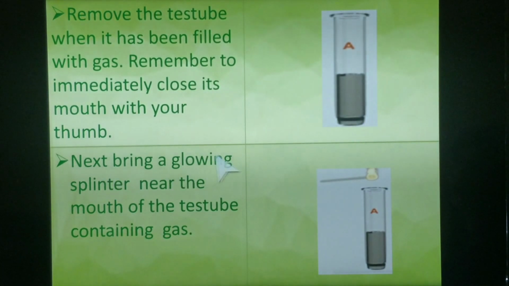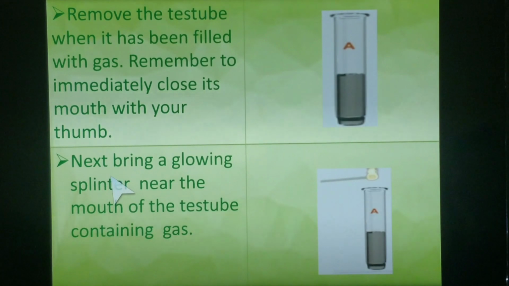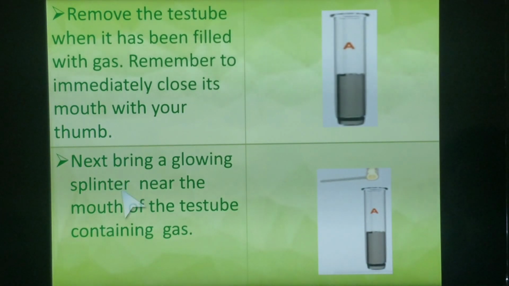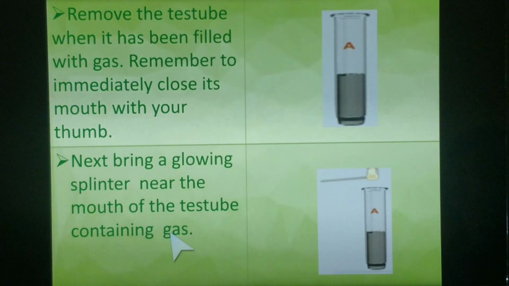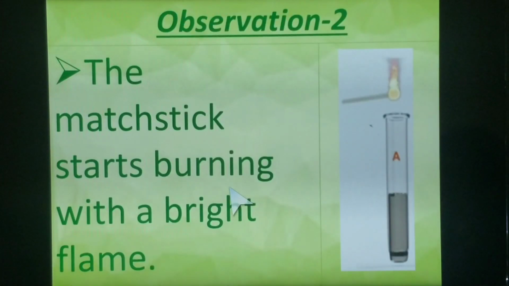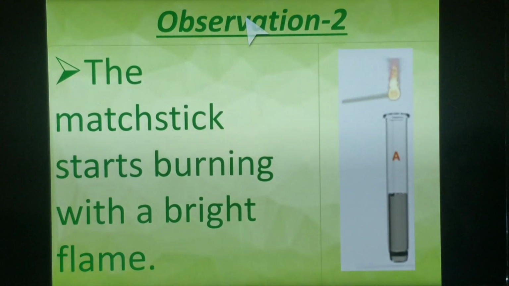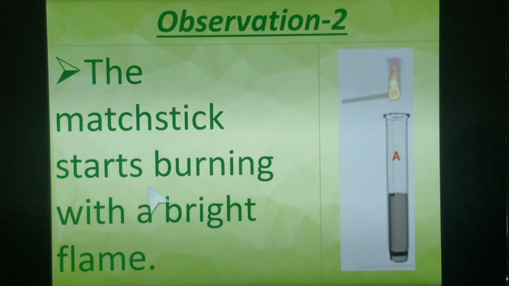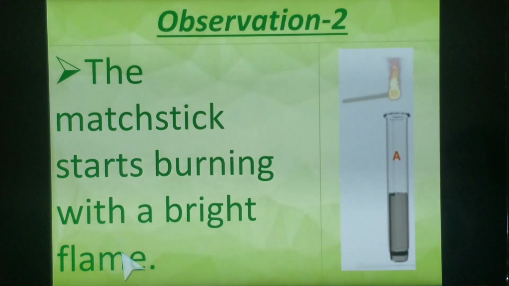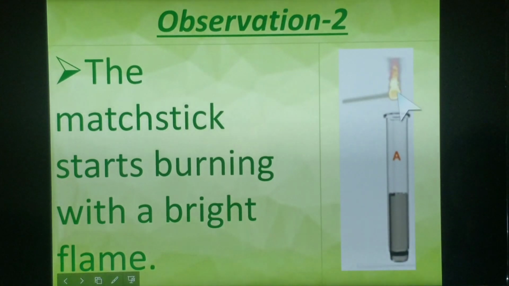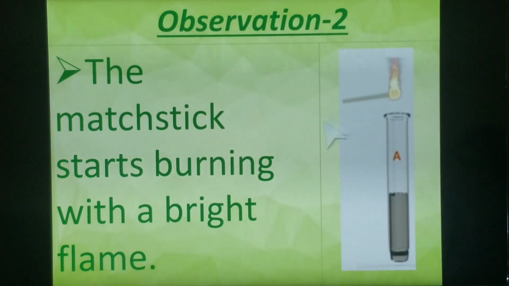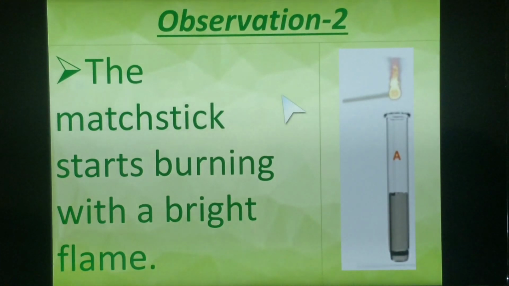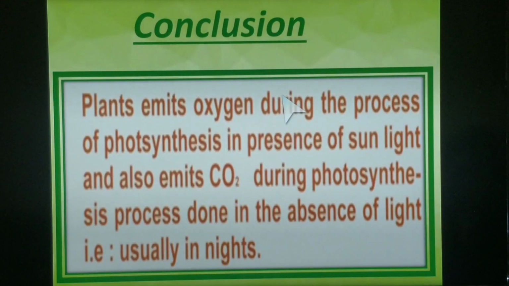Next, bring a glowing splinter or a matchstick near the mouth of the test tube containing gas. What you'll observe next? The matchstick starts burning with a bright flame. You can see here that the matchstick started burning with a bright flame. What inference do we get from this?